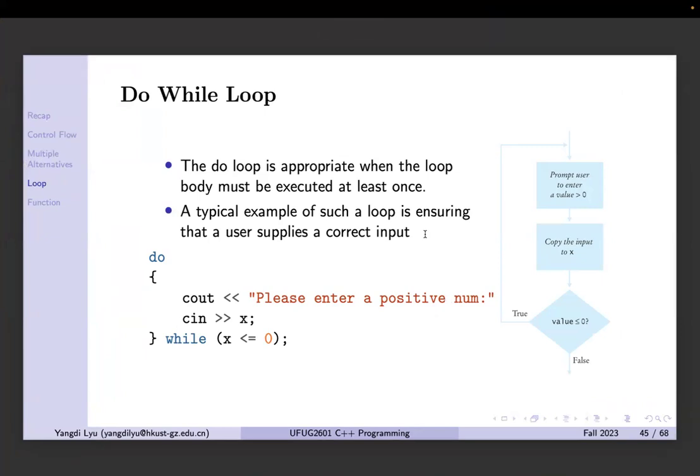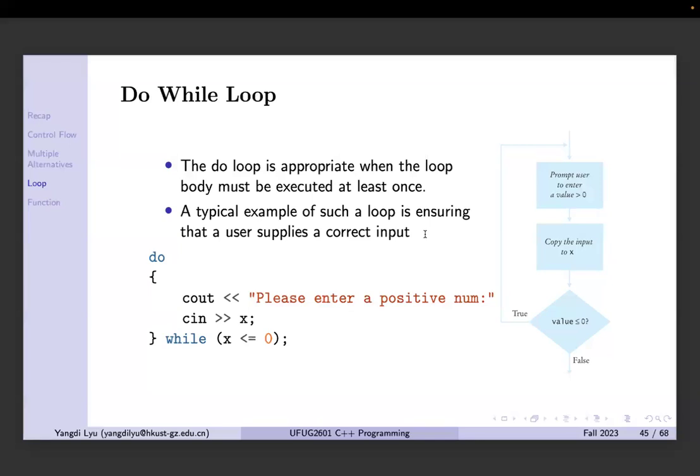Indeed, in maybe the past many years, I haven't used the do while loop because this one is exactly the same as the while loop, with only one difference: you will execute the body at least once. Instead of checking the while condition first, you do the body first, then check the while.